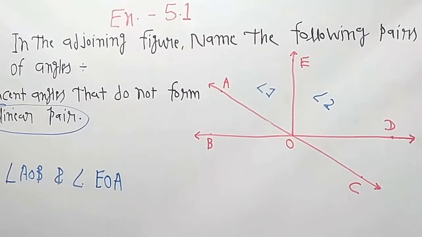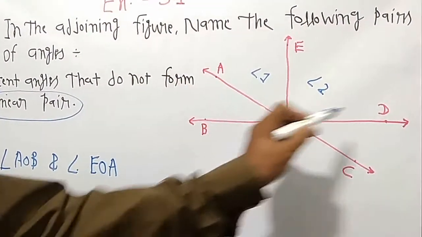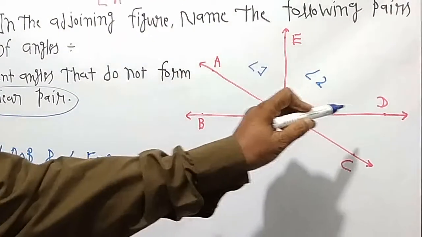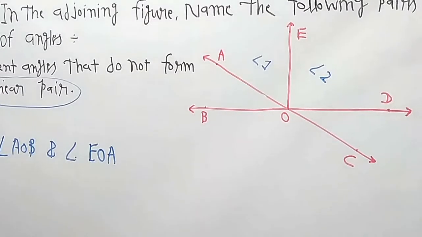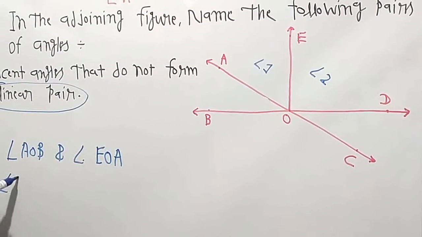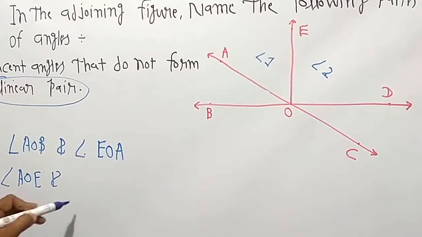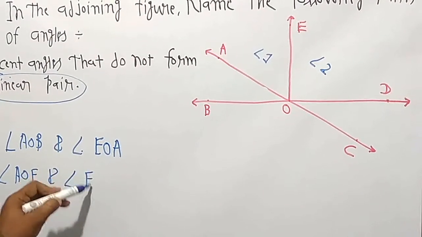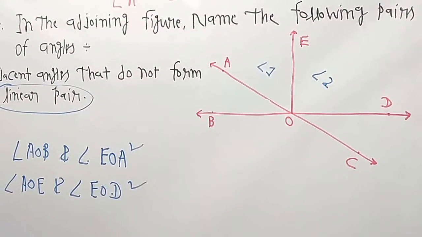For adjacent angles it is okay, but for a linear pair, again AO and OD are not opposite rays. It means it is not a linear pair. So the second pair is angle AOE and angle EOD. This is first, this is second.